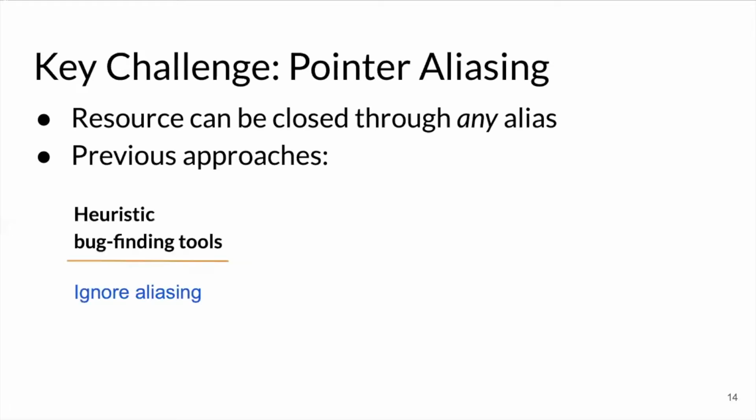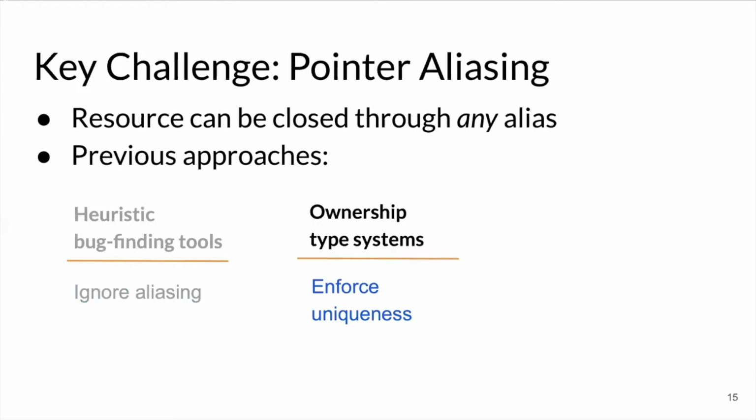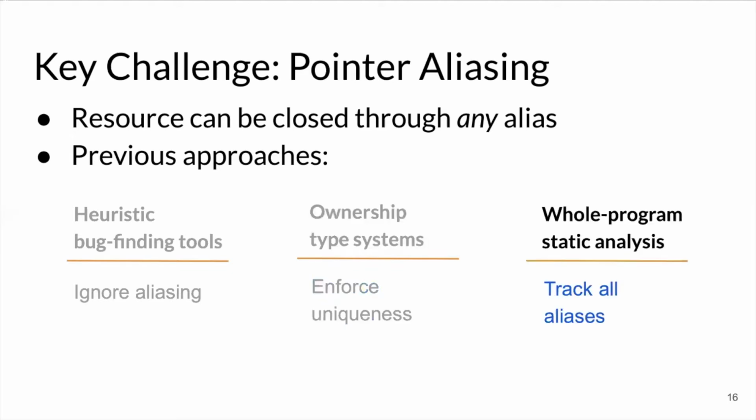One approach is finding resource leaks heuristically, which mostly ignores aliases, and it leads to both unsoundness and imprecision. The other one is ownership type systems, like Rust. These tools handle this problem by imposing control over all aliasing. So every value associated with a resource must have a unique pointer, which is restrictive and too hard to apply to existing code, because it requires a significant rewrite that is often infeasible.